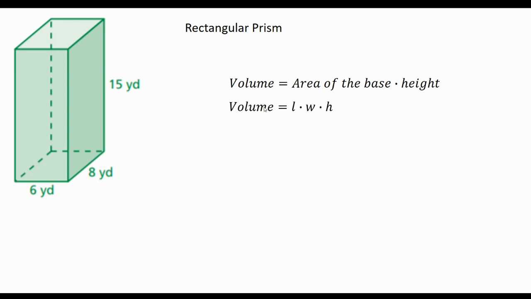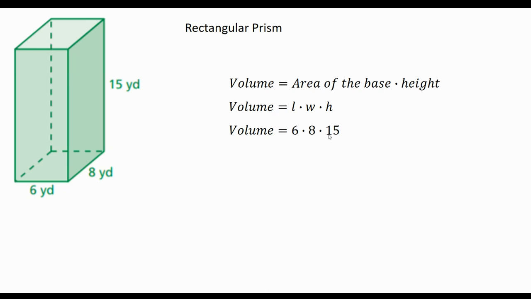So our volume is length times width, which is the area of the base, times the height. Substituting in what we know: the length is 6, the width is 8, and the height is 15. So 6 times 8 times 15 is what's going to give us the volume.